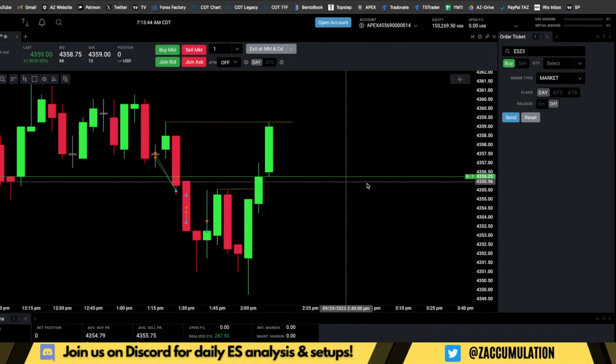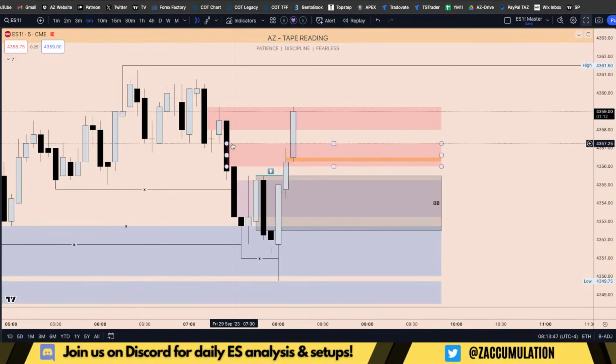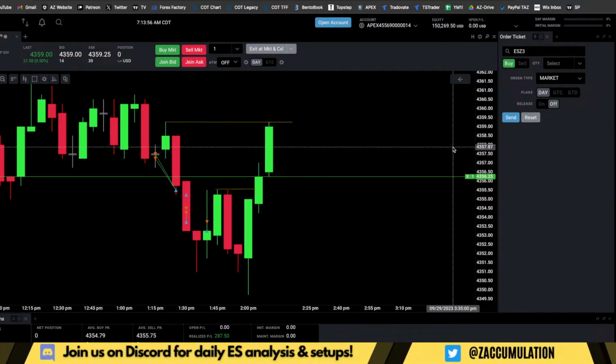Let's see. We have our limit order right here. We also have an inversion fair value gap soon to be created, starting from 4357.25. No, 4357.25 a quarter.